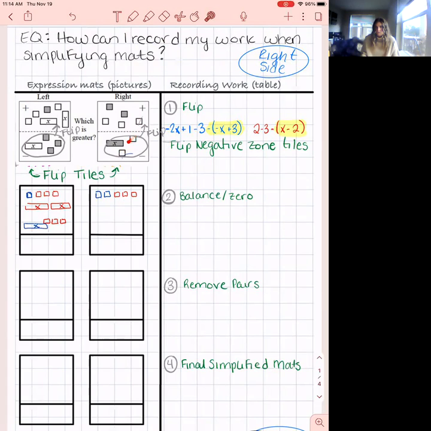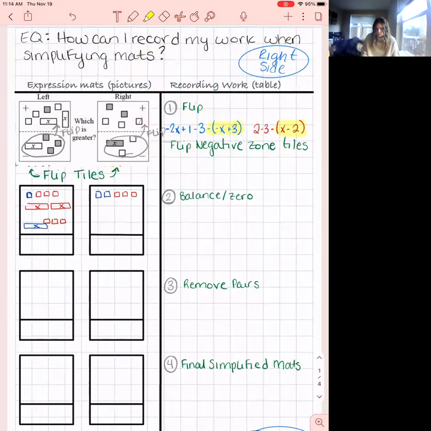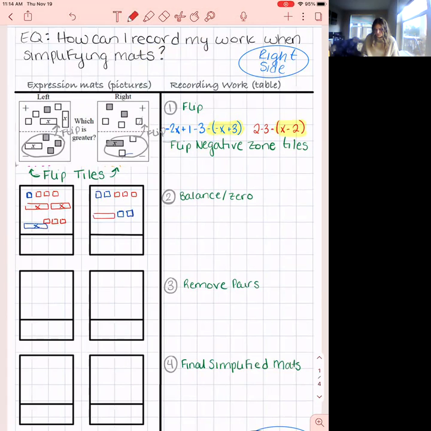When I do that, they go from 2 red tiles, flip them up here, now I need 2 blue unit tiles. And then the last thing I need to flip is I had a blue X tile down here. Gonna move it up, flip it, so it was blue. Now I'm moving it up and it needs to be red. So there are your two pictures after we have flipped correctly.